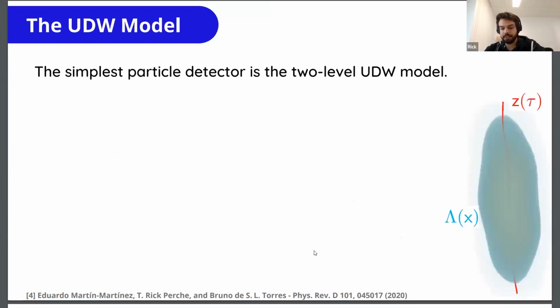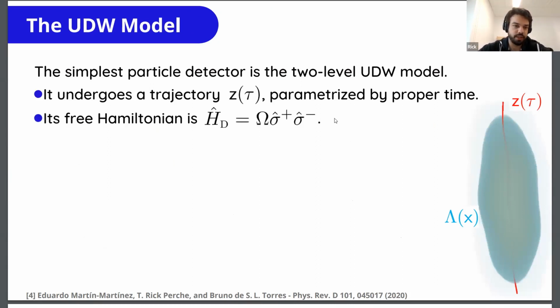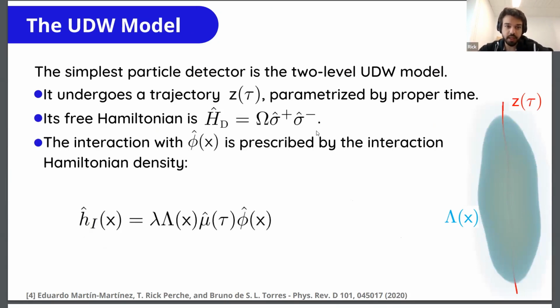The simplest particle detector model that there is is the two-level UDW model. It's essentially a two-level quantum system that undergoes a time-like trajectory, z of tau, and has a free Hamiltonian with the energy gap omega. So this is the detector itself. The interaction with the quantum field is prescribed by an interaction Hamiltonian density, which has essentially four elements.